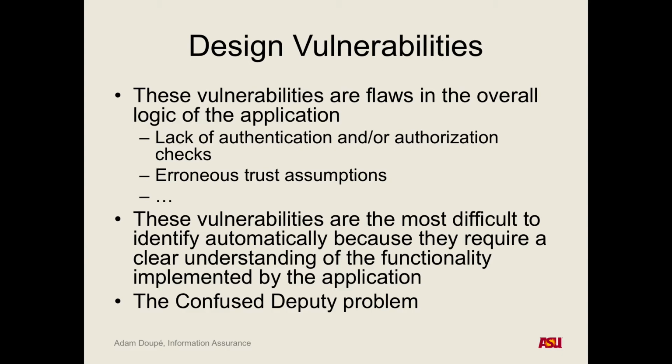But the policy says that the browser can make any network connections, and the deputy doesn't know: is it actually the browser making this connection, or is the browser doing it on behalf of some piece of malware? That's fundamentally a very difficult problem that occurs in a lot of different contexts. If I can trick somebody else to do something on my behalf, then you have a confused deputy problem.